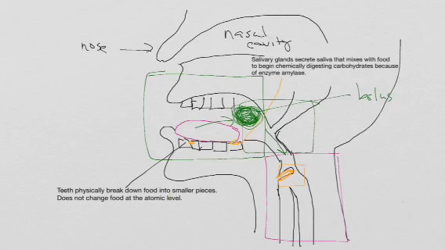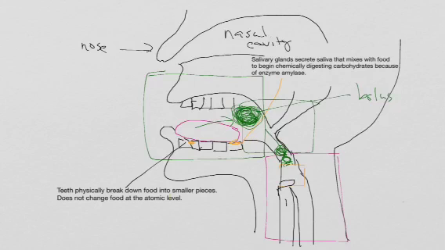And what ends up happening as this bolus makes its way down and gets closer and closer, I'm going to erase this right here and draw it back over again, it's going to cause the flap to fully cover the trachea.